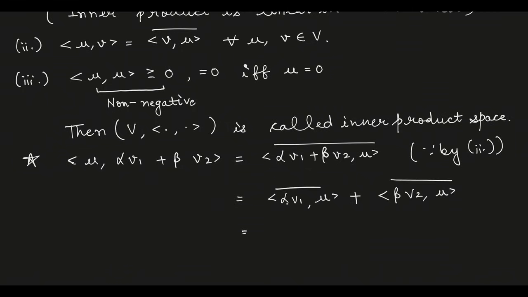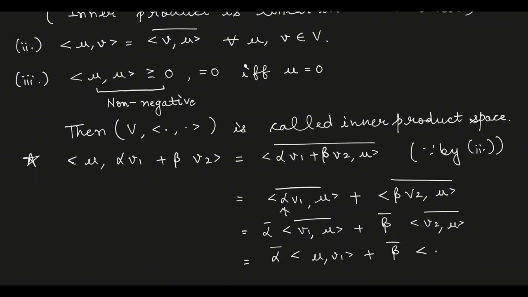I need to take the scalar outside and a conjugate sign is there, so it will be alpha conjugate times v1 comma u plus beta conjugate times v2 comma u, whole conjugate. Now again apply property second. So this will become alpha conjugate u comma v1 plus beta conjugate u comma v2.